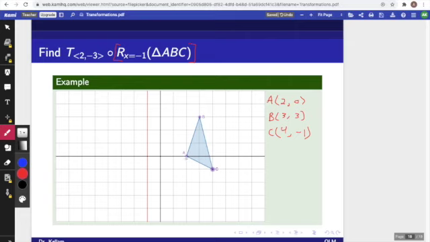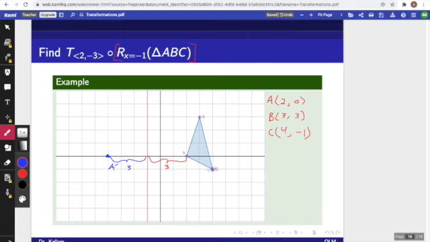And if you remember, a reflection means that this distance, which is 3, is going to line up with a distance here of 3. So our A prime is this point, which, by the way, is (-4, 0).